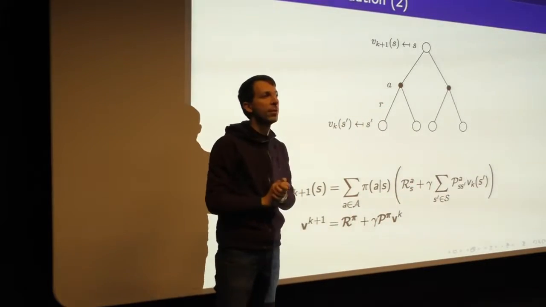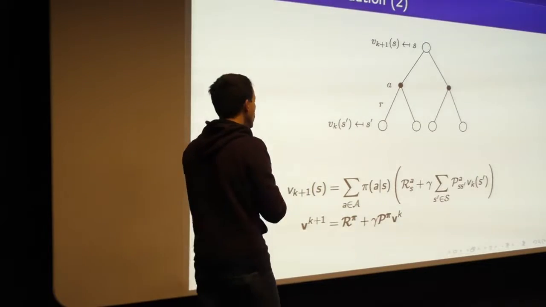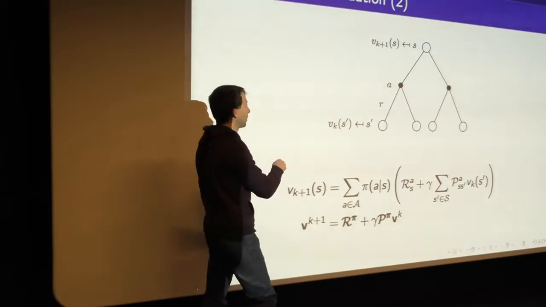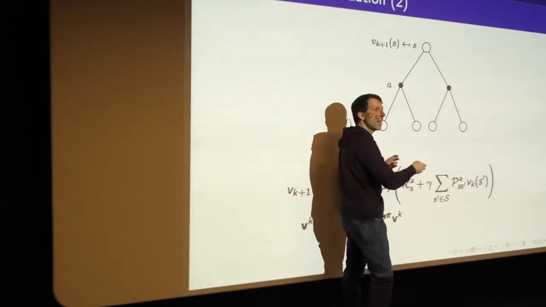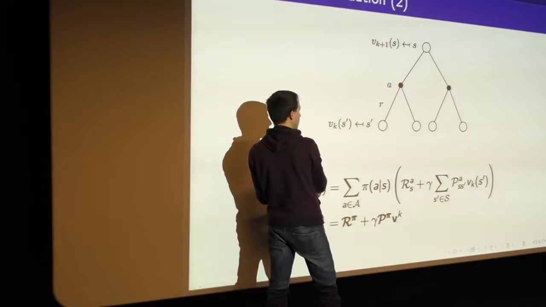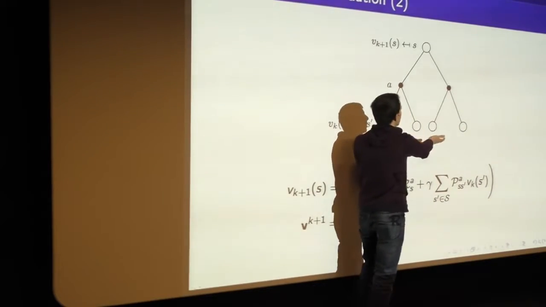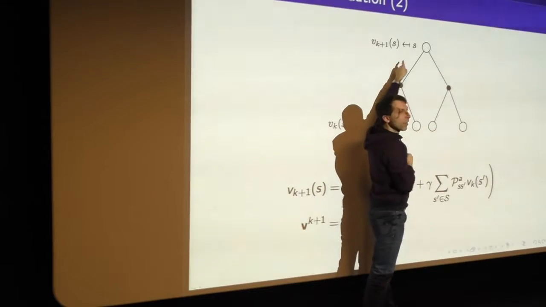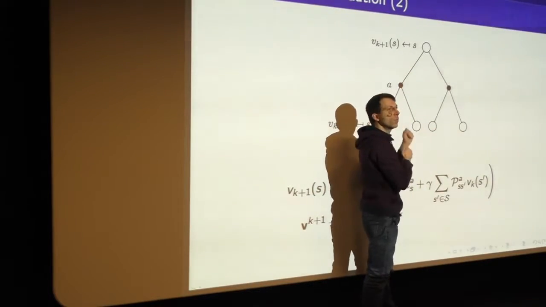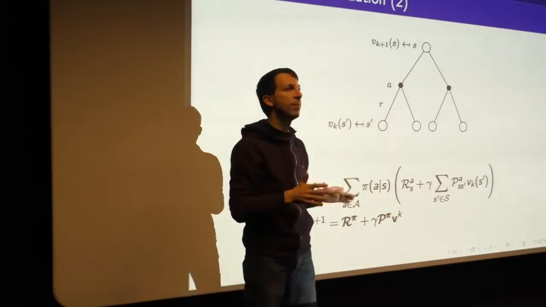That's the idea of iterative policy evaluation. Then we iterate that process: we take the vk plus 1 we've just computed, and it takes a turn at being the leaf. We plug that in at the leaves, back that up, and get vk plus 2 at the root. We do that for every state, we iterate, and this process is guaranteed to converge on the true value function.